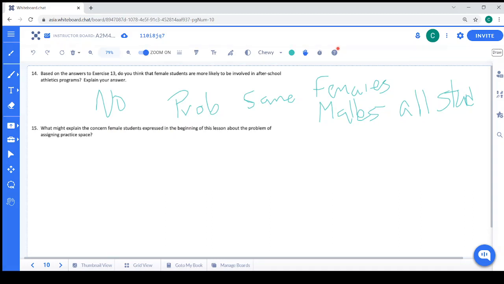Okay, what might explain the concern female students expressed in the beginning of this lesson about the problem of assigning practice space? Okay, so I don't think we went over that, but the whole reason why they did this, we didn't talk about it at least, was that one of the female students was saying that maybe they don't have enough room to practice, and that they should have more because they have a more probability of doing an after-school activity, athletic activity.